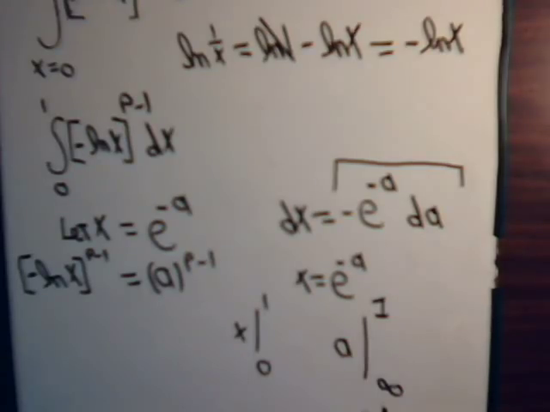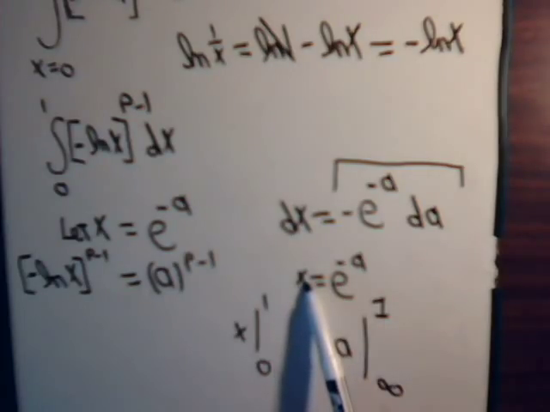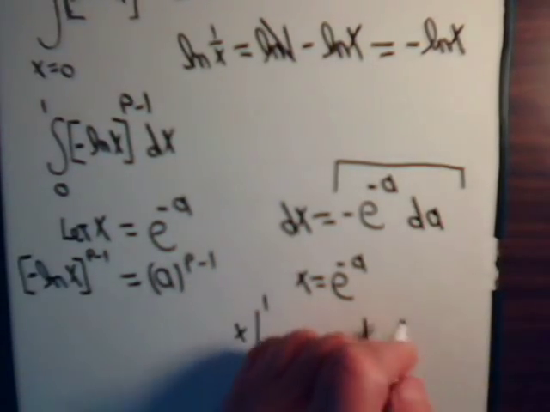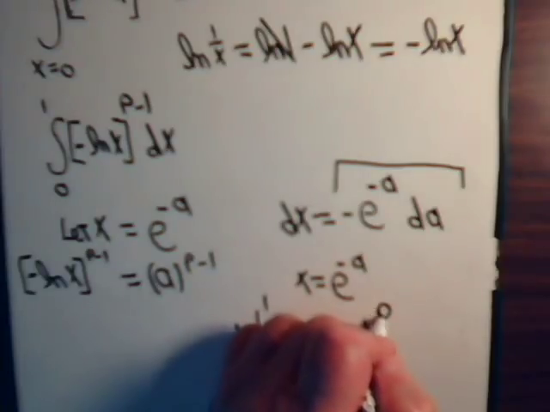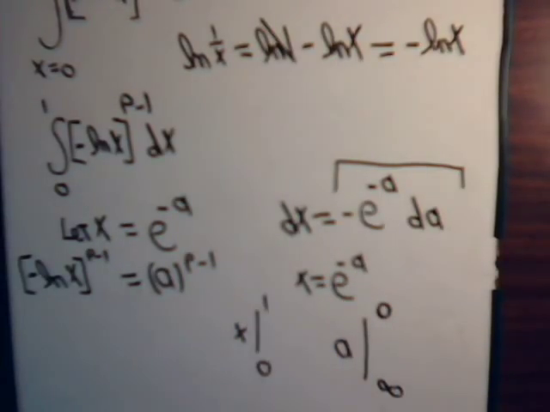So again, if a equals infinity, e to the minus infinity, that's 1 over infinity, that would make x 0. And if a is equal to 0, e to the 0 makes x equal to 1. So these would be the limits for x. These are the corresponding limits then for a.